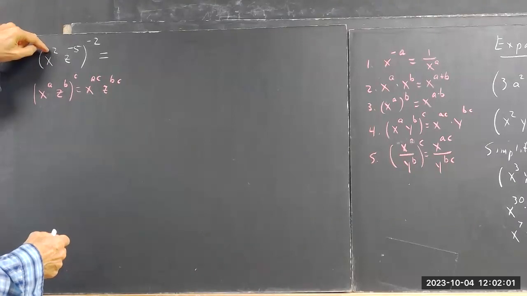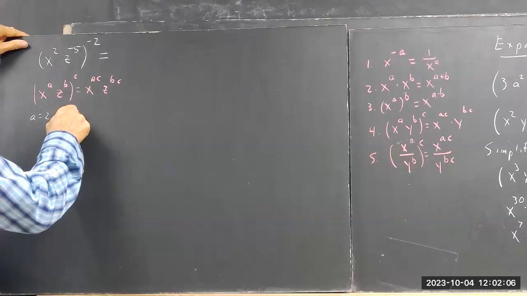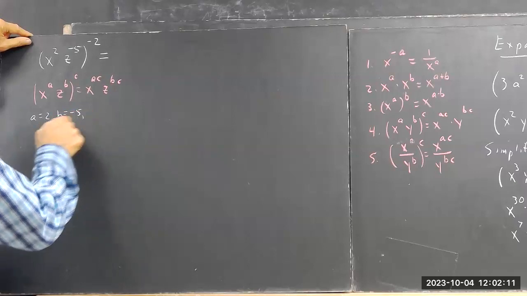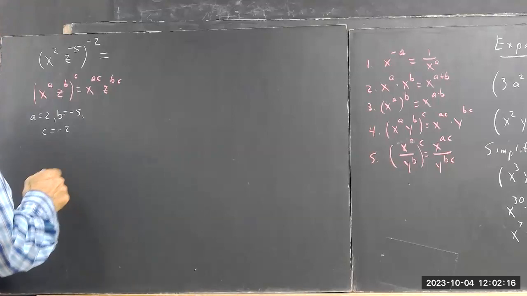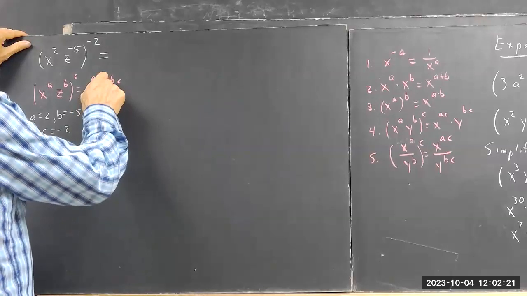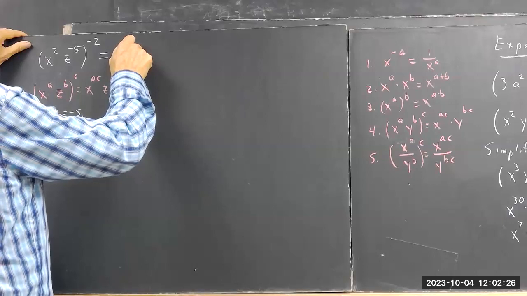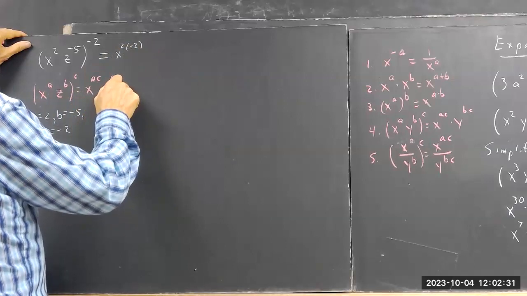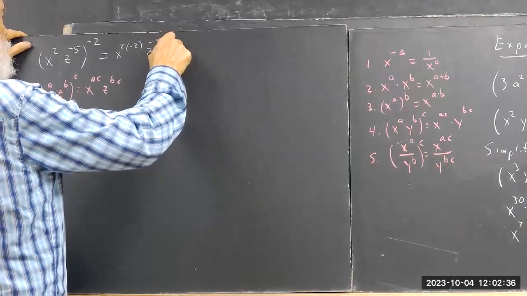It's x to the a, so a is 2. b is the power of z, that would be -5. And c equals the power up here, -2. So using these values of a, b, and c, x to the ac would be x to the 2 times -2. And z to the bc would be z to the -5 times -2.